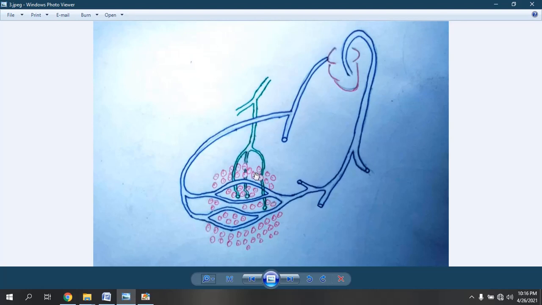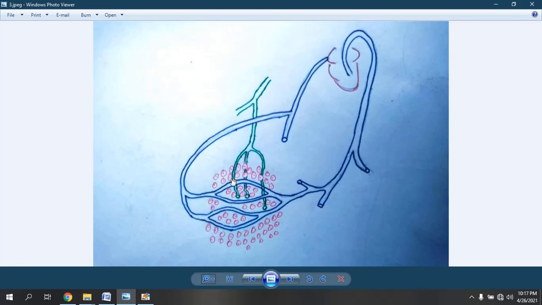The fluid which is transferred to this lymphatic system is called lymph, and that lymph has the same composition as that of the plasma. When the plasma is in the interstitial space, that is called interstitial fluid, and when that plasma is inside the lymphatic system, then that plasma is called lymph.